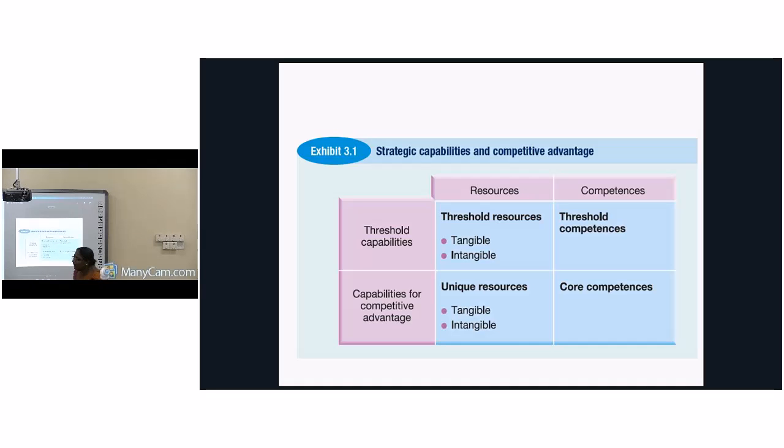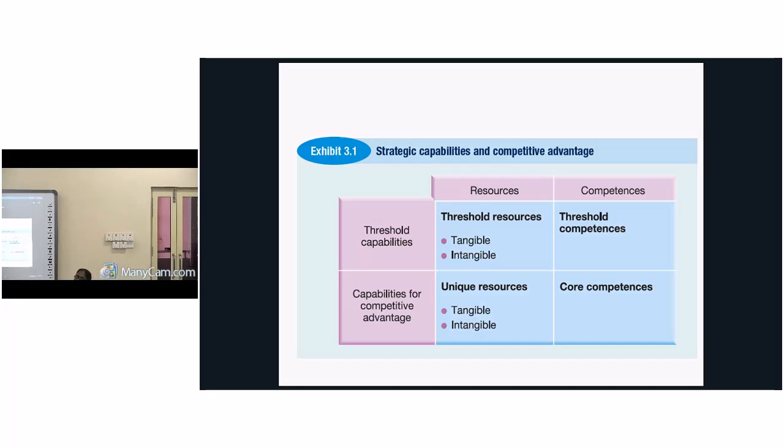So, look at these capabilities and resources. Resources are maybe tangible and intangible resources. And then capabilities are the abilities. If you look at this diagram, it says competencies and resources are threshold or unique.